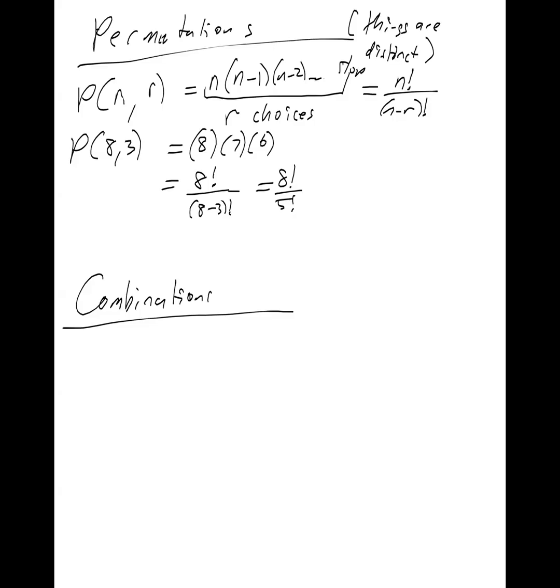The only way you should ever program the permutations calculation is simply to do a loop and multiply n times n minus 1 and then stop after you've done r choices. So the original definition is actually the only correct way to program it. But the mathematical definition, which is extremely inefficient, is like that.